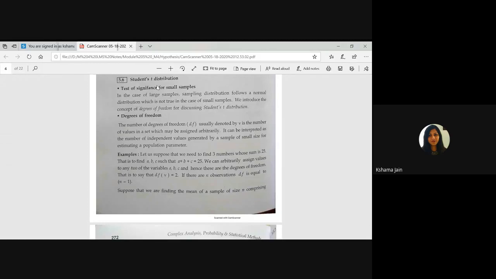Now, why n minus 1, not n? Because in calculating sigma, the standard deviation, what do we do? Square root of x minus x bar whole square divided by n in general. But for student t distribution, we will take sigma equal to square root of x minus x bar whole square divided by n minus 1.